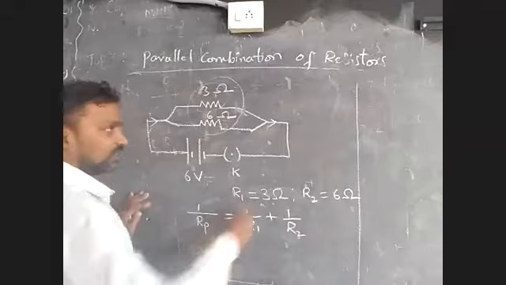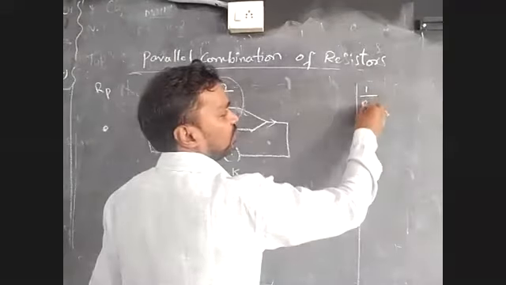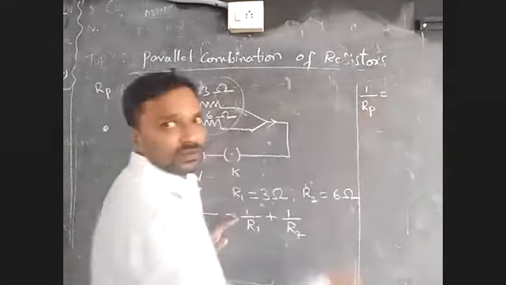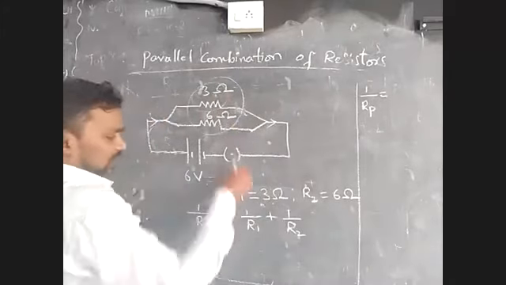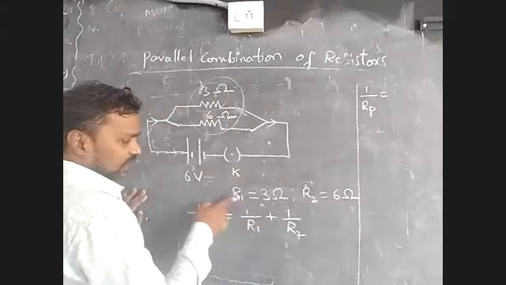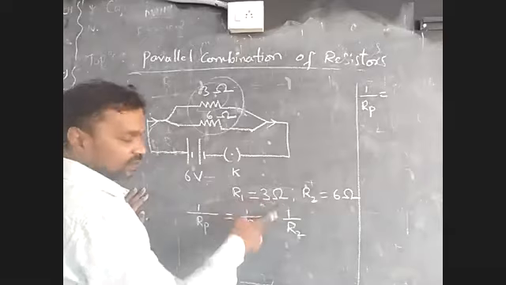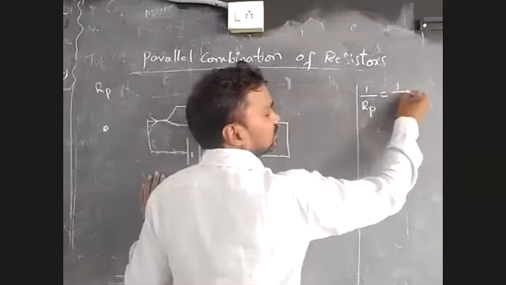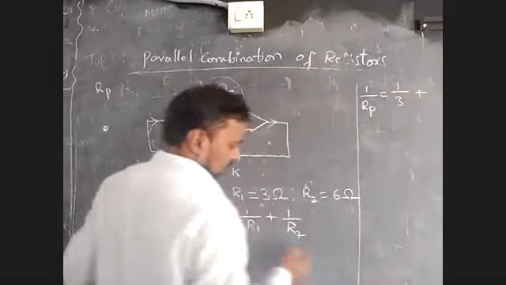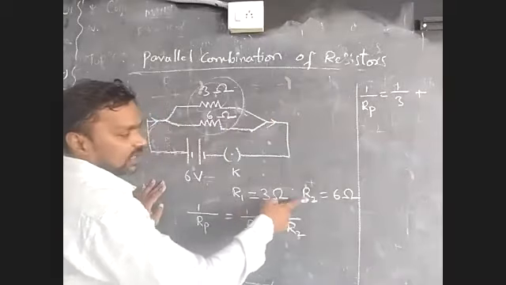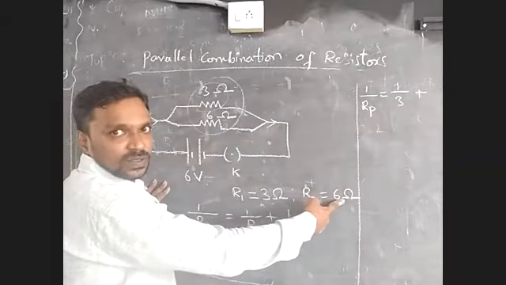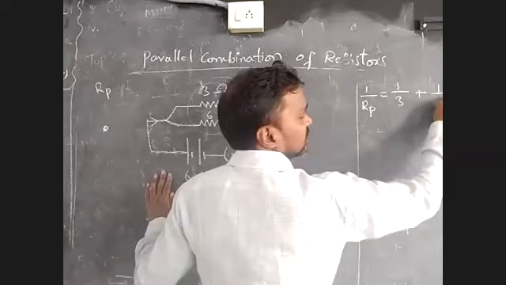You don't know the resultant resistance, so 1 by R1, what is the value of R1? 3 ohm. So 1 by 3 plus 1 by R2. R2 is equal to 6 ohm, so I write 1 by 6.